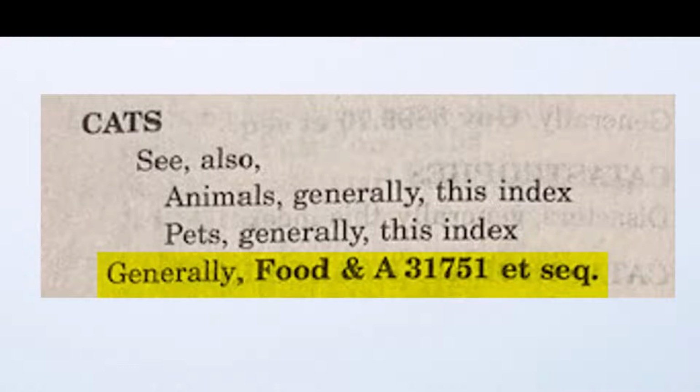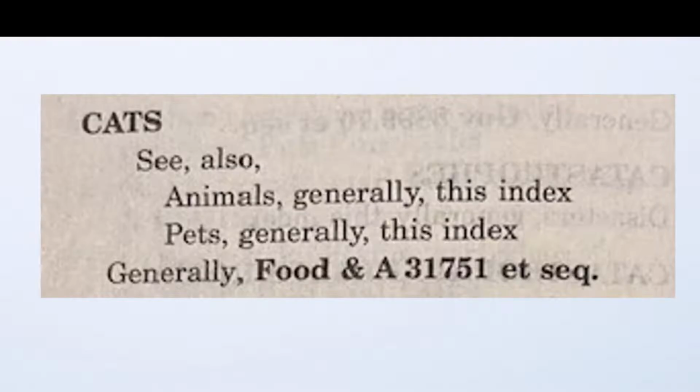Generally, and then the cite to a statute section is telling you that you're going to find out generally, in this case, about food and agriculture in sections 31,751 et seq. of the Food and Agriculture Code. Now you're probably wondering what et seq. means. Well, it means and following.